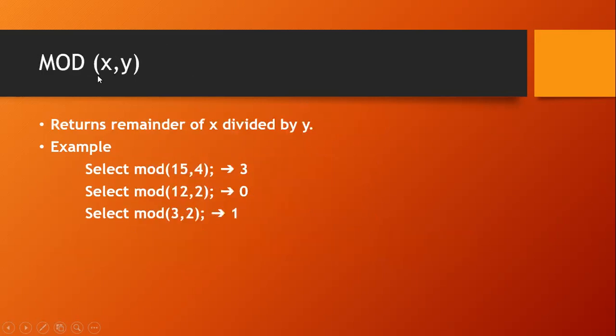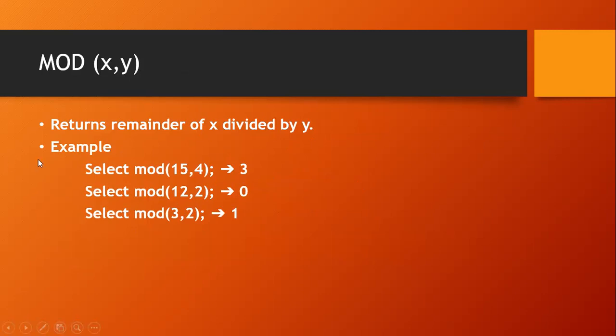Next function is mod x comma y. It returns the remainder of x divided by y. When the first number is divided by the second number, whatever remainder you get will be the output of this mod function. For example, select mod of 15, comma 4.